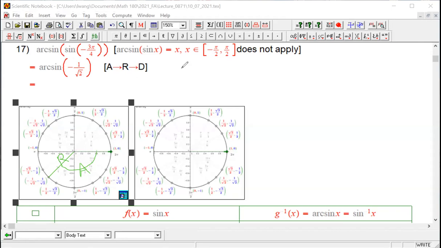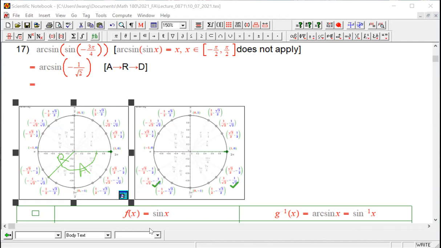Okay, so now with that in mind, I'm taking this number -1 over √2 or -√2 over 2, and I'm looking for -√2 over 2 on the unit circle. What do I get? I found there's one here and there's one there, right?